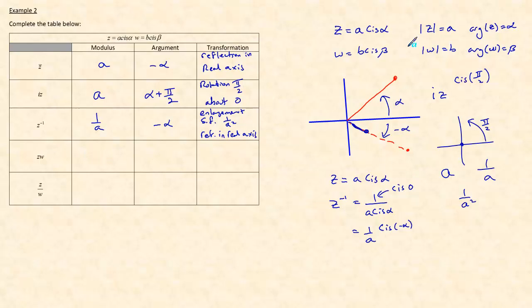Now ZW, we know that ZW would be AB cis alpha plus beta.